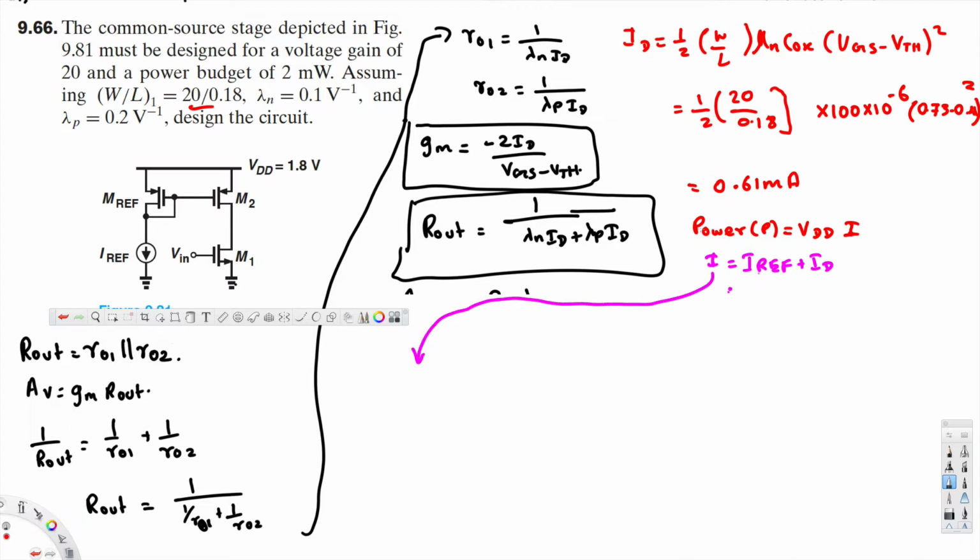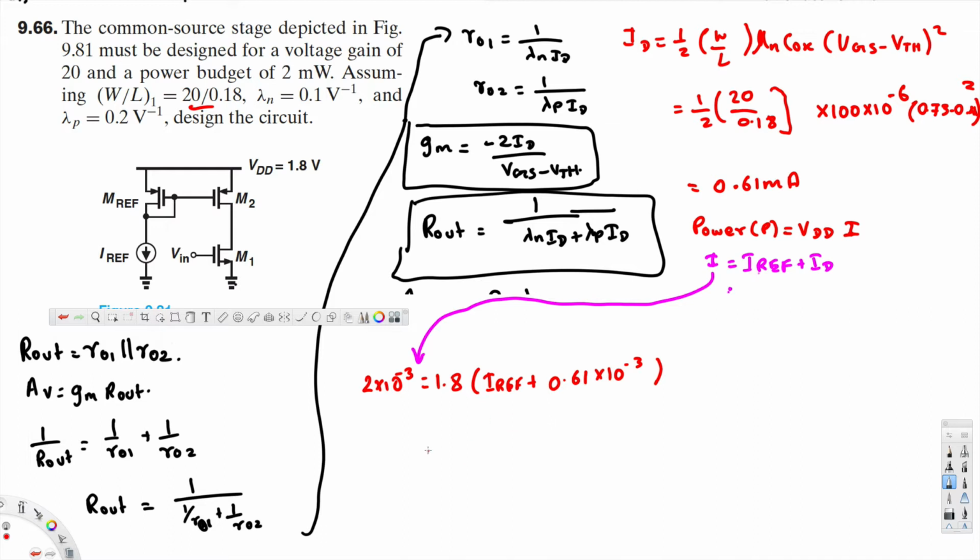Power is 2 milliwatts, 2 times 10 to the power of minus 3, and VDD is 1.8 volts, times I ref plus ID, which we just calculated, 0.61 times 10 to the power of minus 3.